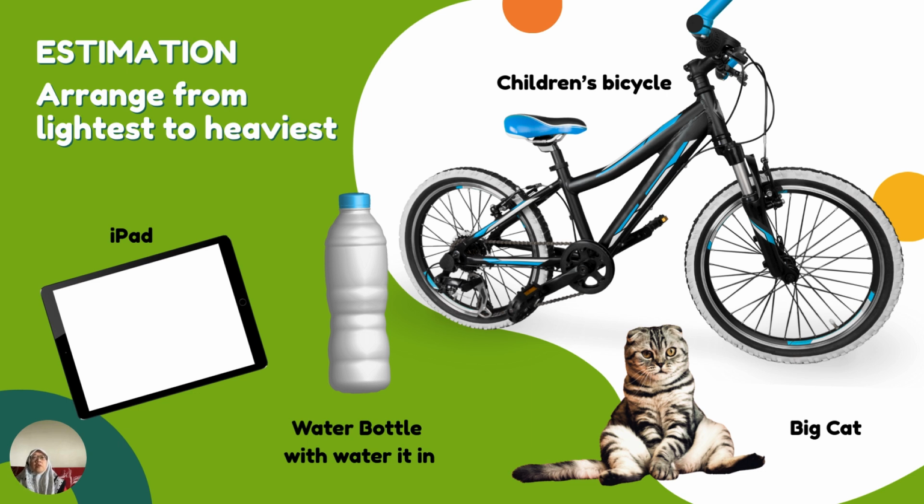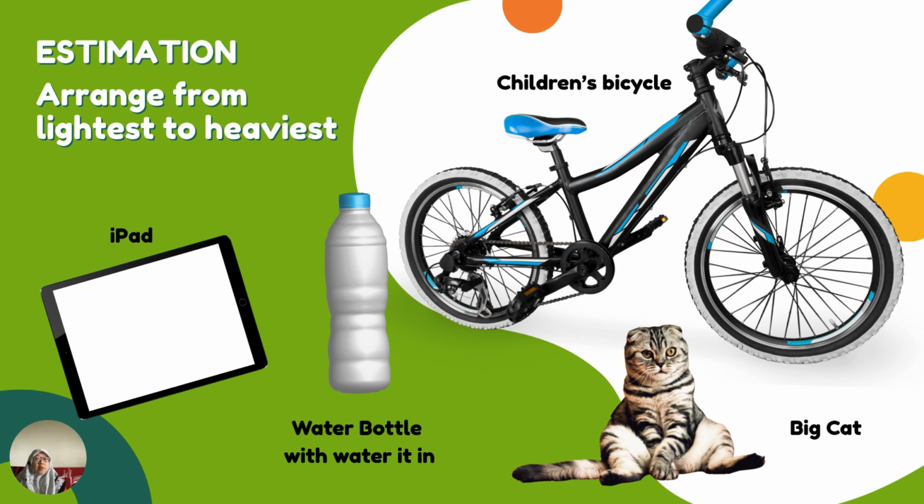So you can have this kind of activity for your students until they can guess the estimation of each item. Then you give them exercises where you compare boxes of pasta versus boxes of, let's say, flour or cakes.